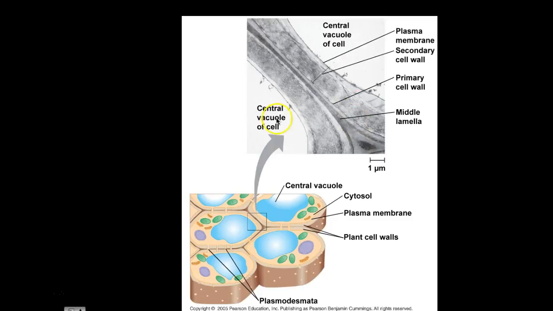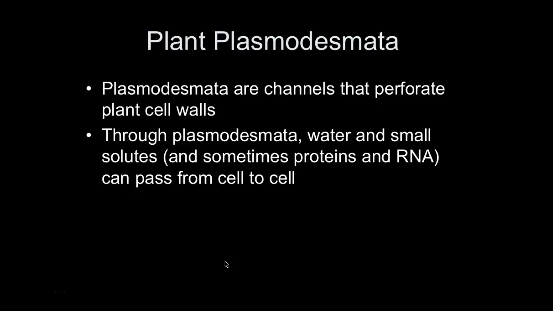So if we look, here we have the central vacuole of one cell. Here's the central vacuole of another cell. Here we could see the middle lamella. So right here we have the primary cell wall of plant cell A. Here's the primary cell wall of plant cell B. So we're looking at a structure just like this. And then in between there, you can see you have little channels going from one cell to another called the plasmodesmata.